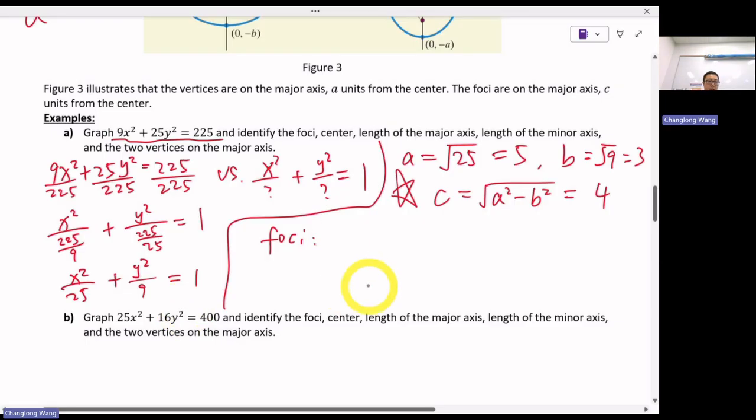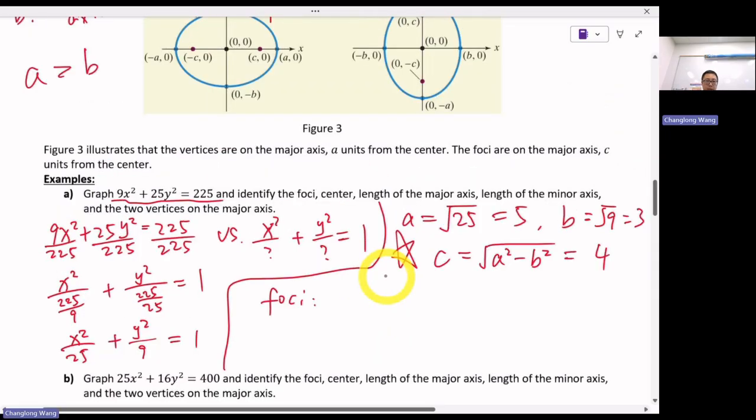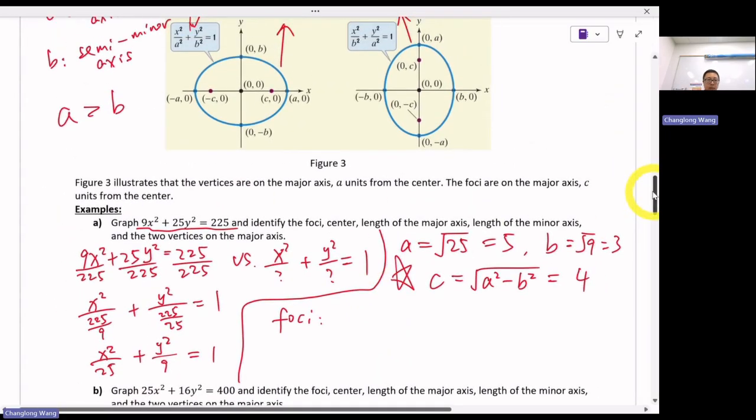If it's a horizontal ellipse, when the center is at the origin, to find the foci, just go to the left and right by c units. In this case, that will be 4. You say that the foci could be plus or minus 4, comma 0. You can write them separately, 4, comma 0 and negative 4, comma 0, right? But it's just more compact that way.